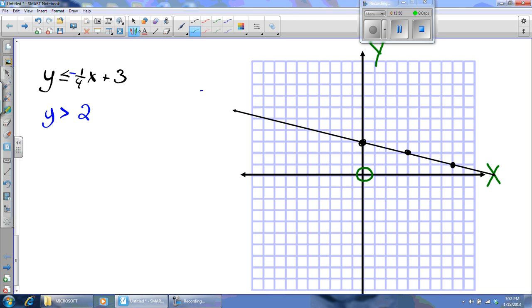Okay, I'm getting ready to shade, but I'm not ready to. I'll plug 0 in for y, and I get 0 is less than 3, which is true. And I'm going to shade down here.